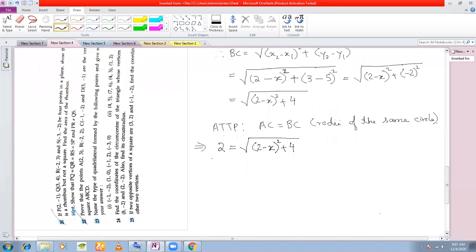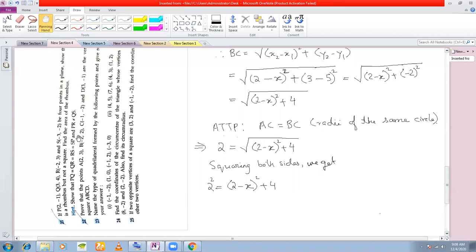Now in order to remove the radical, you square both sides. So squaring both sides, we get 2 square is equal to 2 minus x whole square plus 4. If you square both sides, any confusion with this step? This step is a very important step which you will have to do in almost all the problems.